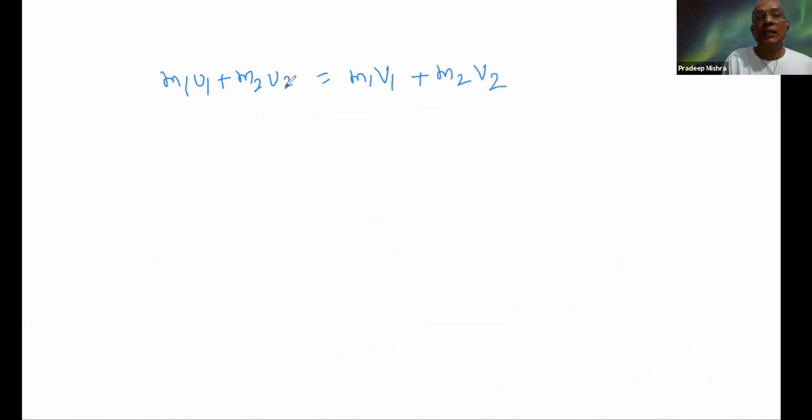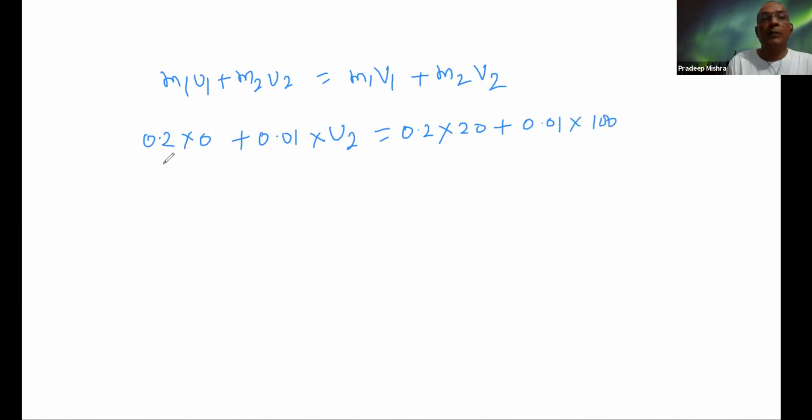Actually, these are initial velocities of bullet and the ball. So the ball is at rest, so m1 is 0.2 into 0 plus m2 is 0.01 into u2. m1 is again 0.2 into v1, which is 20 meter per second. m2 is 0.01 into 100.